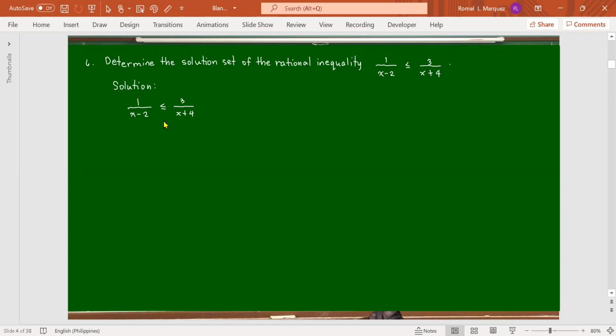So let's add on each side negative 3 over x plus 4 to get 1 over x minus 2 minus 3 over x plus 4 less than or equal to 0.